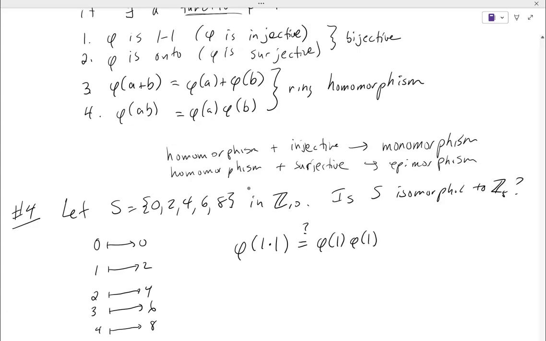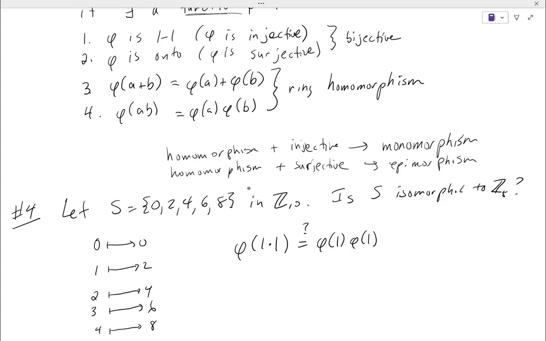So that second property of multiplication that we have, the second property of the isomorphism. If we have a function that satisfies those properties, we call it an isomorphism. I didn't write that down, but it's probably easy to follow: injective gives you homomorphism, surjective is epimorphism, so bijective gives you isomorphism. We have to satisfy both 3 and 4 to be an isomorphism, right?